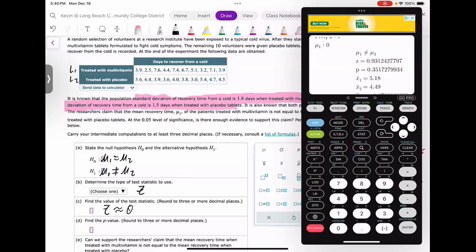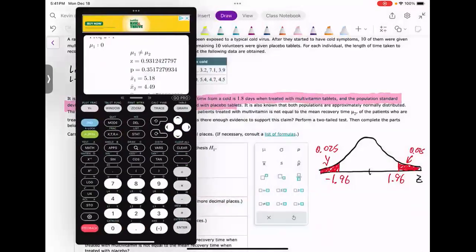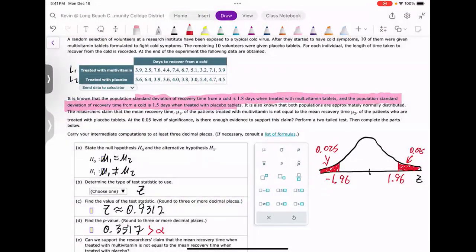So we have 0.9312. P-value is 0.3517, which is way, way, way bigger than our alpha. In addition, I want to point out that our test statistic is nowhere close to our critical region.